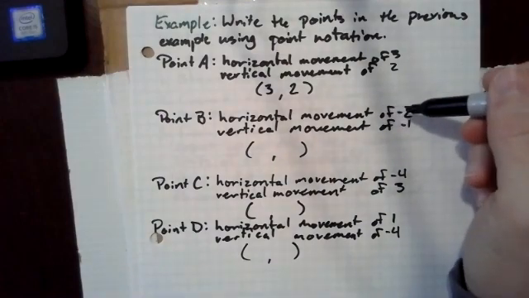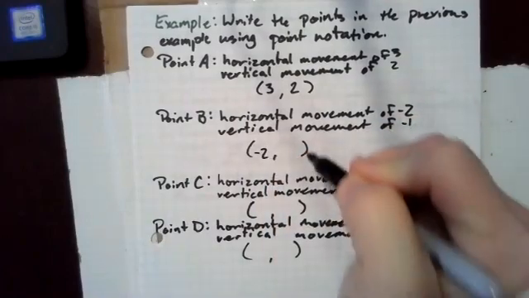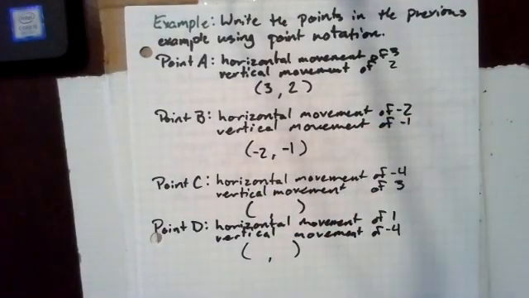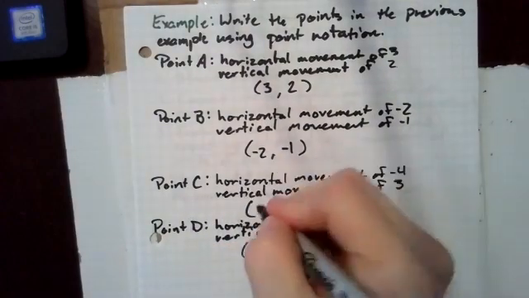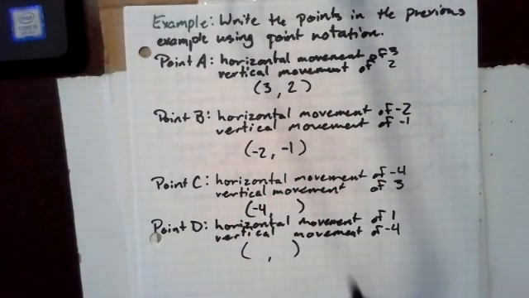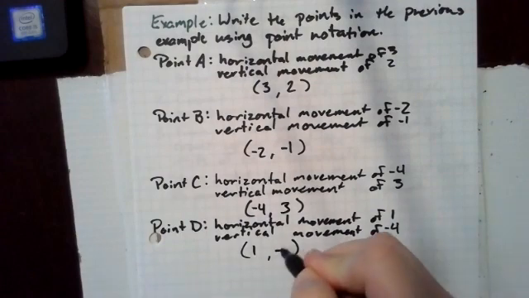For point B, we have a horizontal movement of negative 2 and a vertical movement of negative 1. Point C, horizontal movement of negative 4, vertical movement of 3. And point D, horizontal movement of 1 and vertical movement of negative 4.